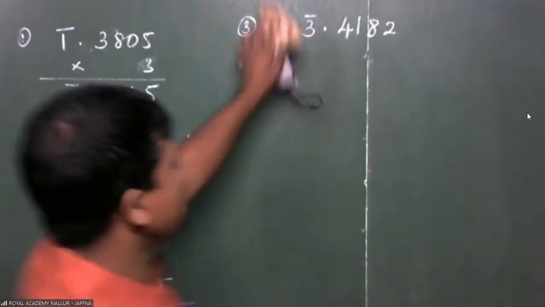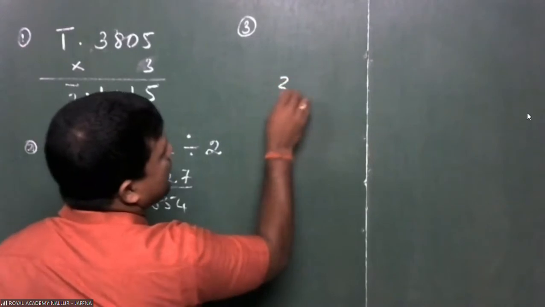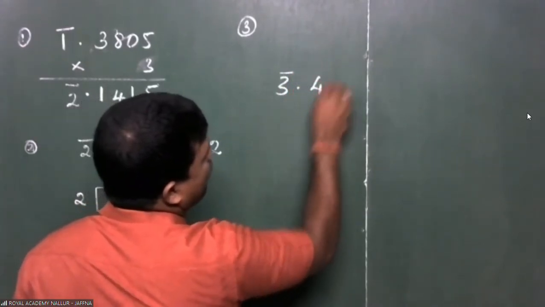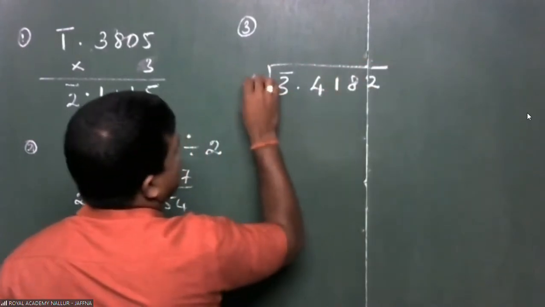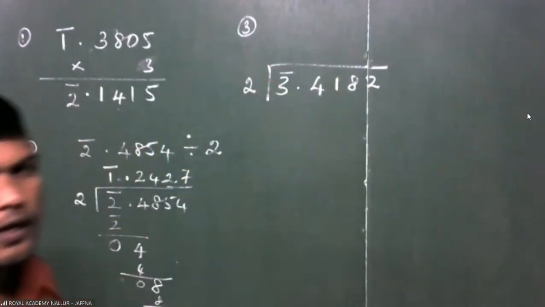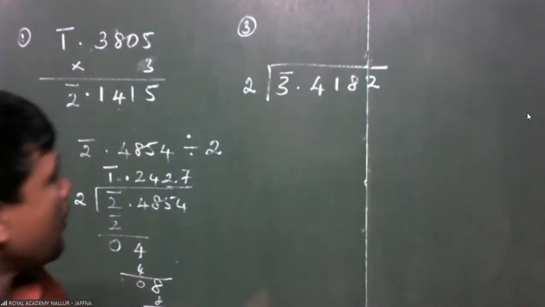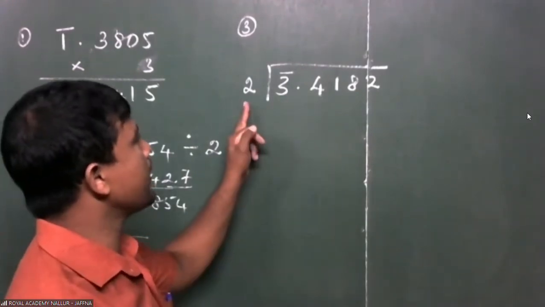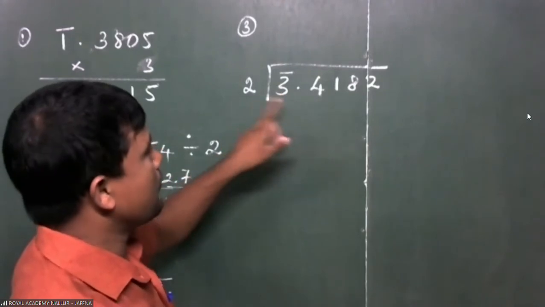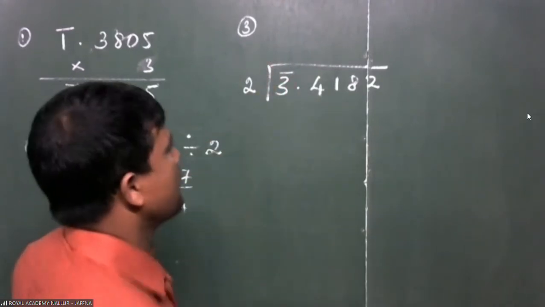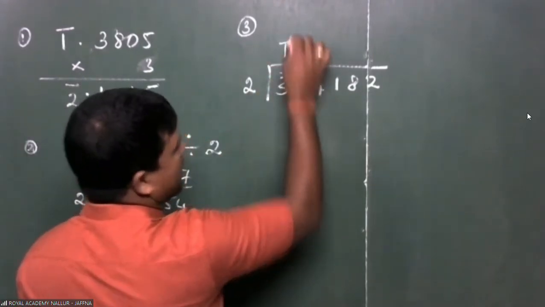Write it down: bar 3.4182. Let's divide this number by 2. Now the bar value is 3. Bar 3 we have to divide into two portions, but the number of times in bar 3 is only bar 1 times.